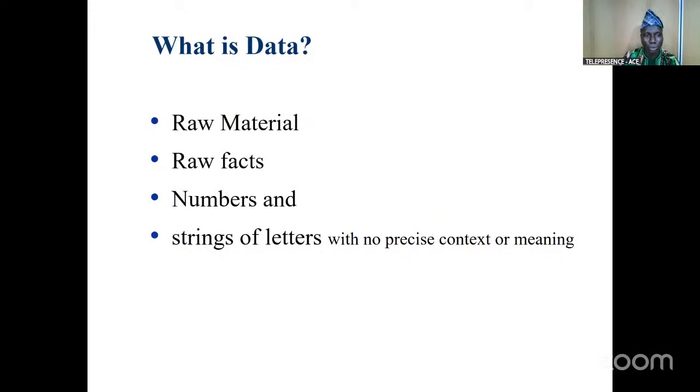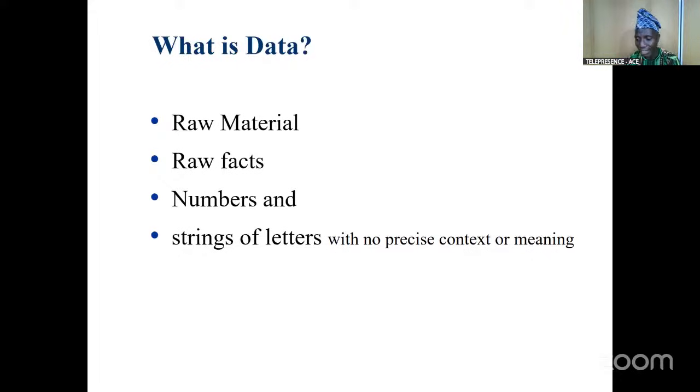Today, we want to continue from where we stopped by asking the question, what is data? We all know that data is raw facts or raw materials. It could be numbers, strings of letters with no precise content or meaning.